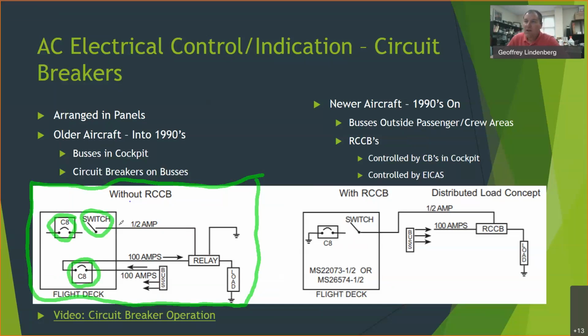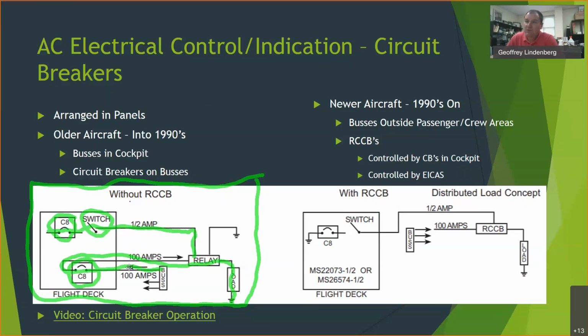Okay. And when you close that switch, when you move it to the on position to turn on the electric hydraulic pumps, power flows through the switch and goes to a relay. When the relay closes, that allows power to flow to the pump.